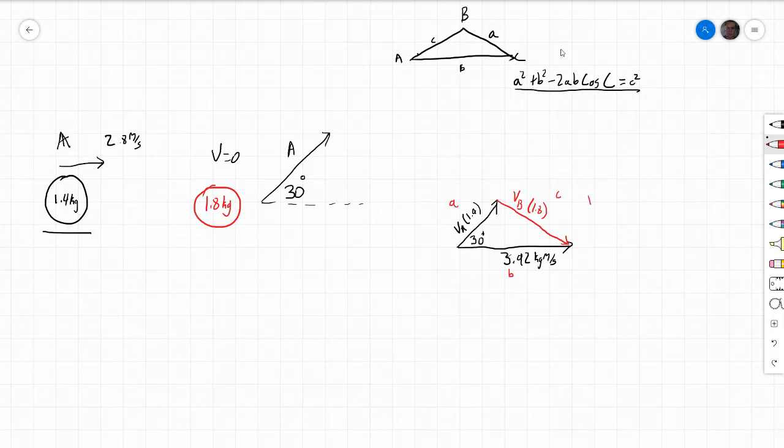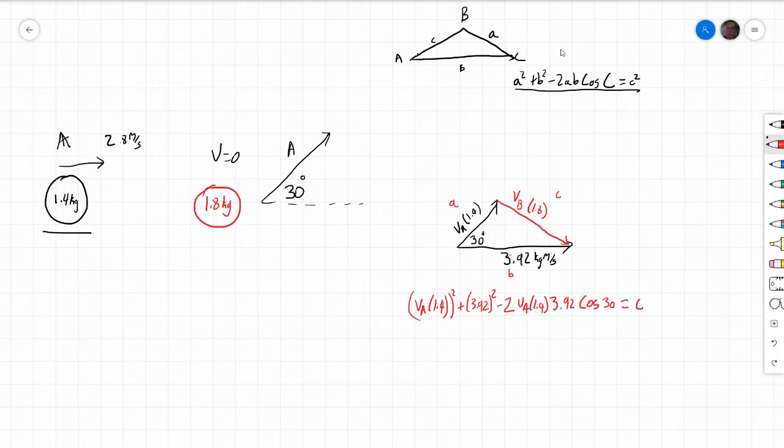And so a squared is VA times 1.4, and this whole thing gets squared, plus b squared, 3.92 squared, minus 2ab, so minus 2 times VA times 1.4 times VB, which is 3.92, times the cosine of C, well, that's 30, equals C squared.